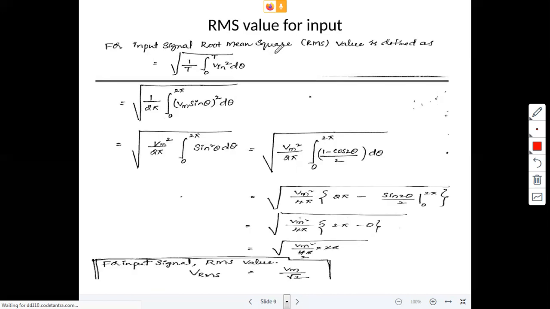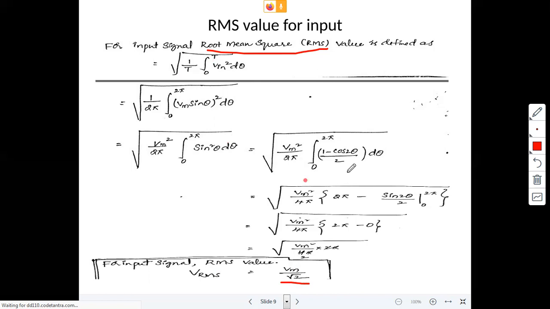Next, coming to another important parameter, the root mean square value, RMS value. RMS value is defined as the square root of 1 by T, integral from 0 to T of Vin squared dt. We integrate and simplify this, and for the input signal we get Vrms equal to Vm by root 2. Remember this.